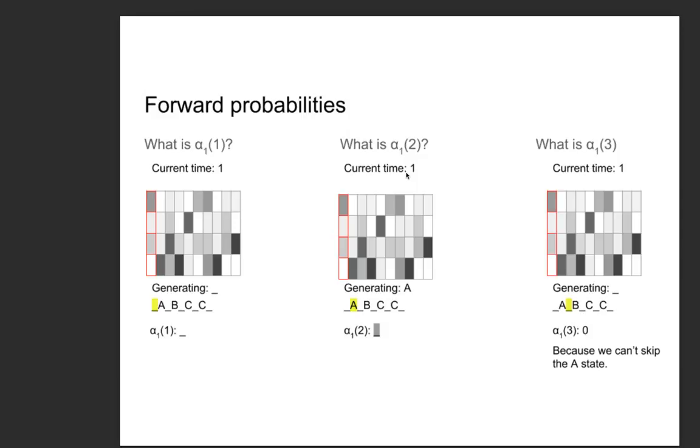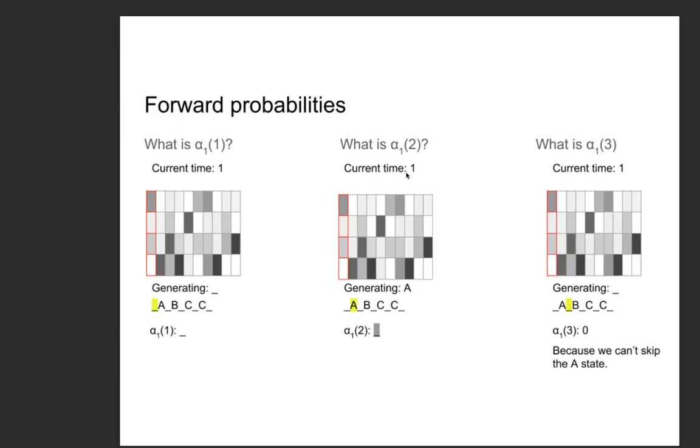We have another base case, which is that for everything else, alpha sub 1 of anything more than 2, we have 0 probability because no paths will actually follow the rules we set out. If we're in the third state or beyond, that means we must have skipped the first A, and that's not possible. So there are no paths that satisfy the criteria. The sum of no paths is 0 probability. Is that clear?